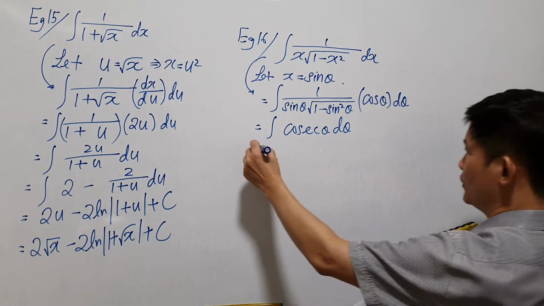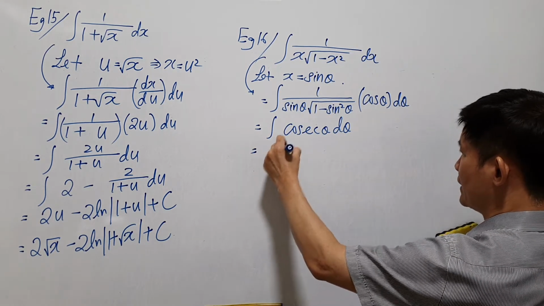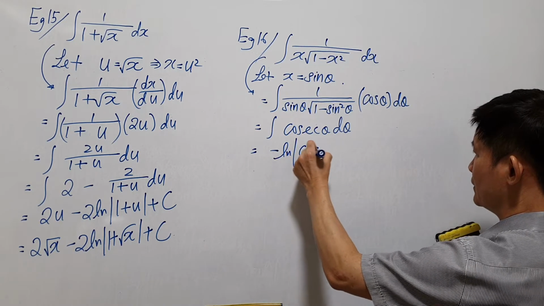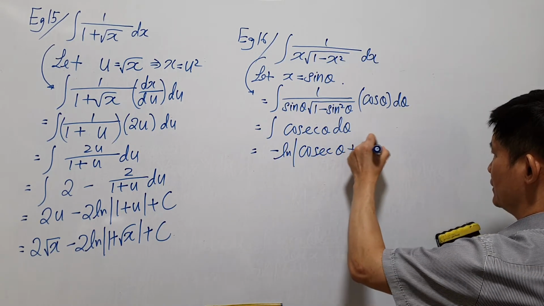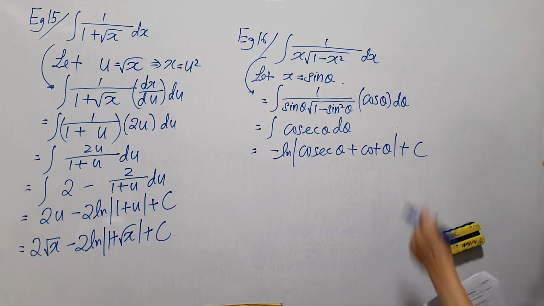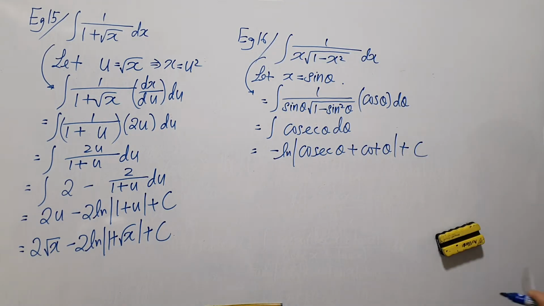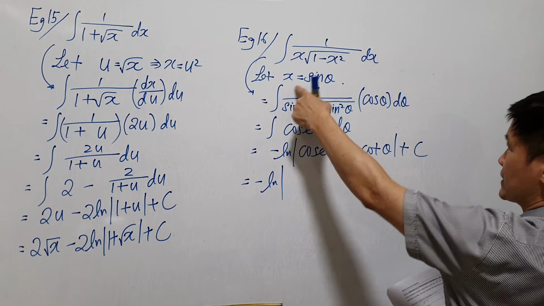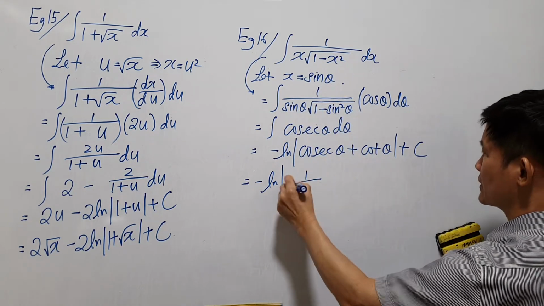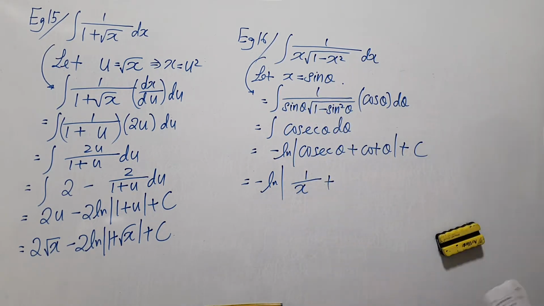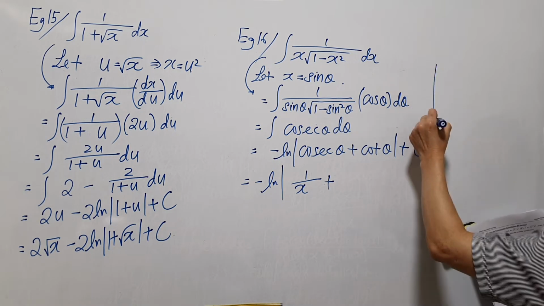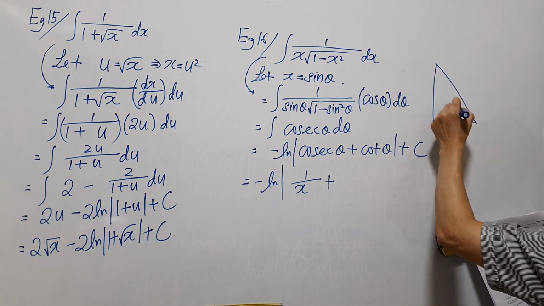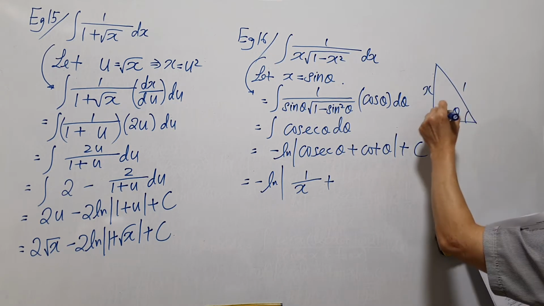And then there's a known integration formula for this integration. It is minus ln of cosecant theta plus cotangent theta. Now you put back the original variable in terms of x. So this gives me ln of, if x is sine theta, cosecant theta is 1 over x. If x is sine theta, you can draw a simple diagram to help you see things better. This is theta, this is x, and this is 1.